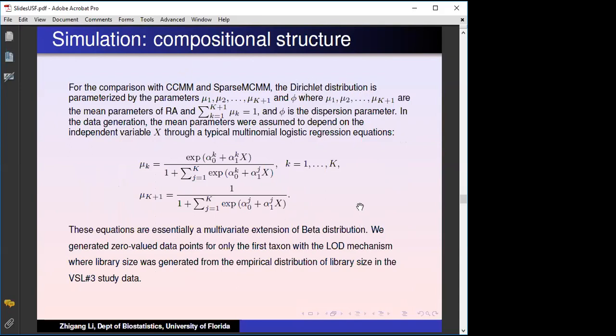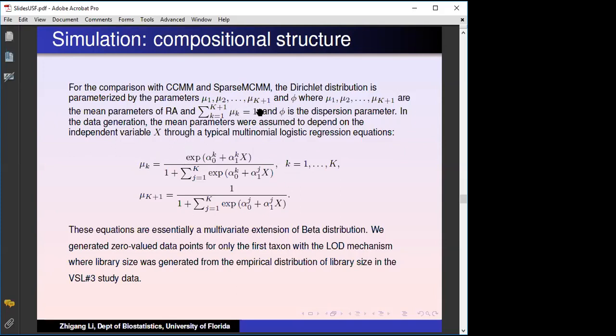It's essentially a multivariate extension of the beta distribution. So we can use this to generate all the taxa simultaneously. All the mu1, mu2, up to mu_k plus 1, are just the means of the relative abundance of all the taxa, and phi is, again, the dispersion parameter.